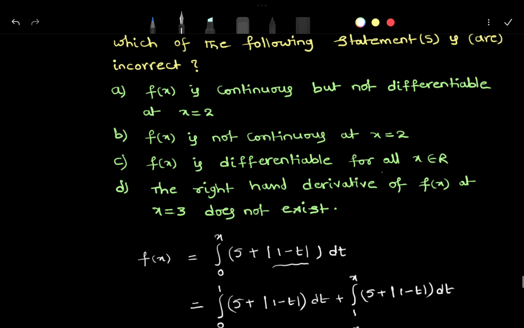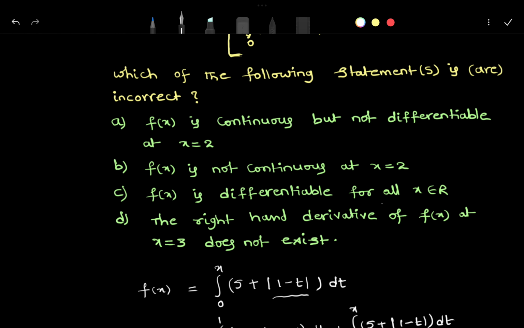But in the question, which of the following statements is incorrect? So the first statement, option A, is correct. Option B says f of x is not continuous at x equals 2. But we have that f of x is continuous. So here B is the incorrect statement. So B is your answer.